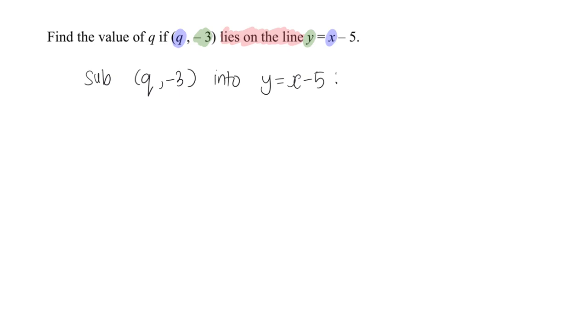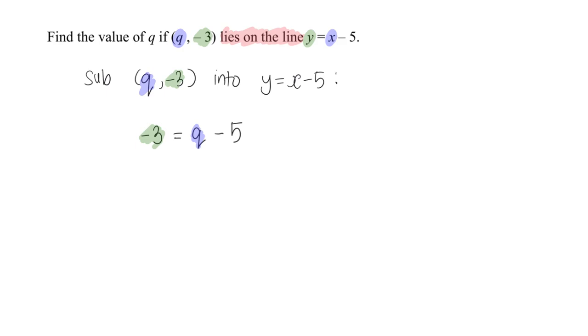So y will become -3 when x, which is q, is, and when that happens, q is my x now, y is my -3. Okay? And once you have that, you can find the value of q easily.